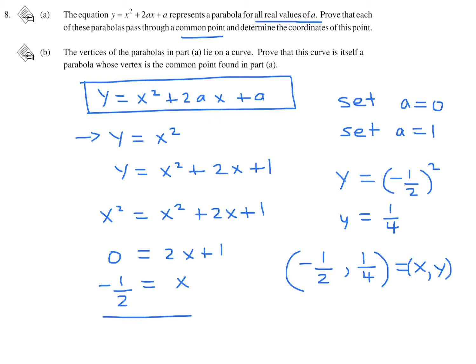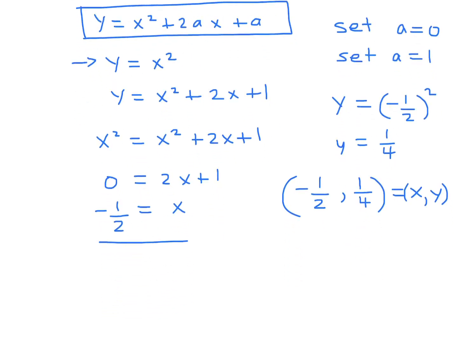Now, if you're not convinced, let's try another value for a. Let's try a equals 2 and see what we get. So we have y equals x squared plus, now 4x plus 2, correct? You're subbing a equals 2.